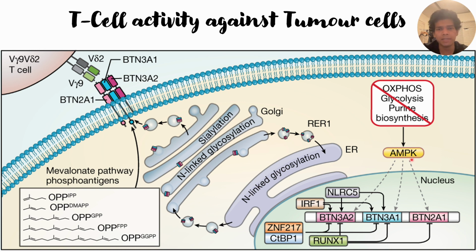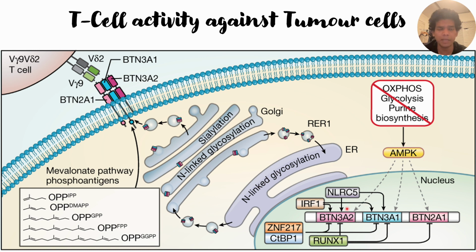The stresses that lead to the upregulation of this pathway are oxphos, glycolysis, and purine biosynthesis. Disruption in all of these will lead to AMPK signaling, and simultaneously the hypoxia condition, which is very predominant in tumor cells, also promotes this AMPK upregulation.